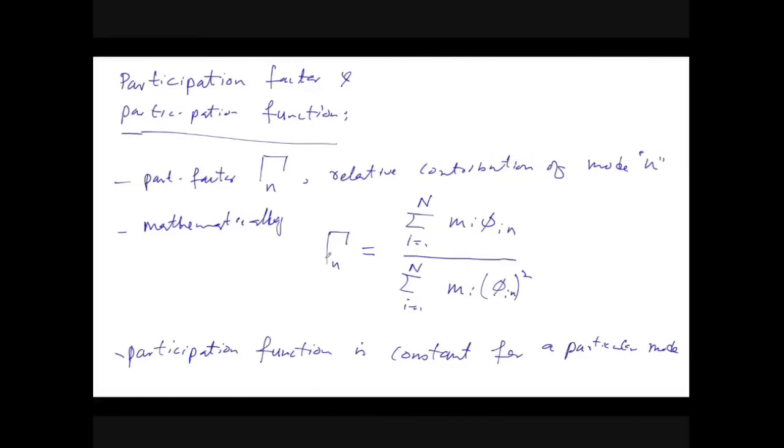Now, we will analyze each mode in a multi-degree of freedom system as a single degree of freedom system, so as we mentioned even last time, a multi-degree of freedom system will be split into a number of single degree of freedom systems. Okay, and it is the participation function, this vector, that will provide the conversion that determines the response of each mass in the mode.